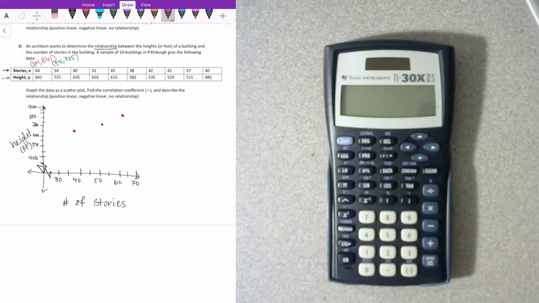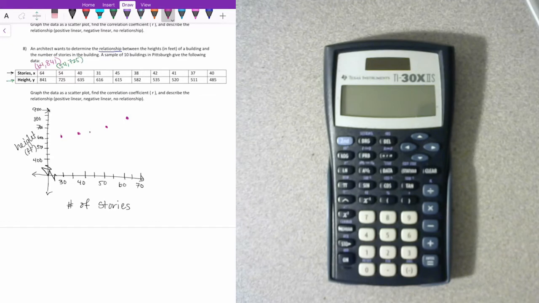31 to 616. That's about there. 45 up to 615, about here. Oh, I'm going to go a little bit lower, actually, on that one. 45 to 615, about there. 38 to 582. 582 is about there, right there. 42 to 535.